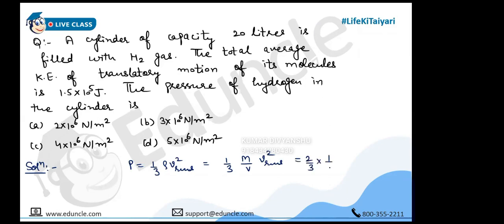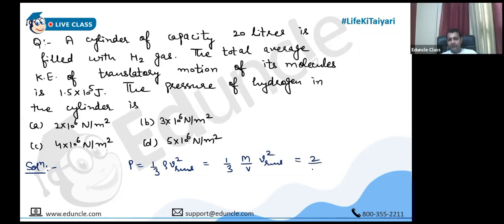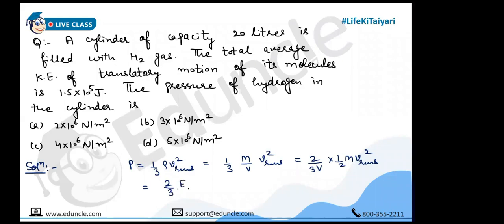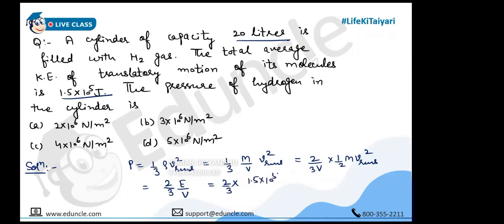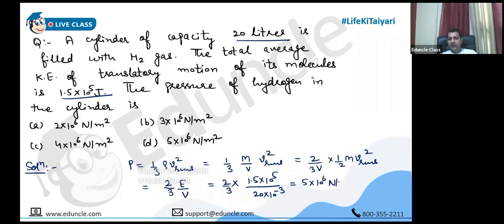So can I write it as? What is this quantity now? Kinetic energy? Yes, sir. Can I write it as 2 by 3 E by V? Now substitute the values. You know E and you know V. Yes, Siddesh? Yes, sir. Now when you solve it, you will end up getting the option.